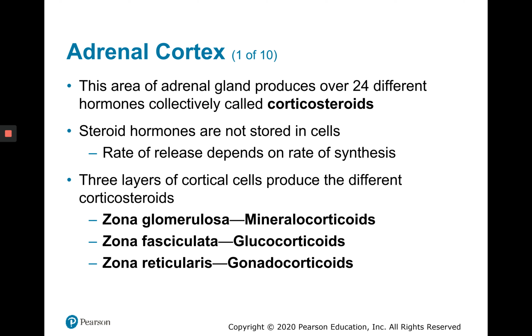This area is going to produce mineralocorticoids, whereas zona fasciculata is going to produce glucocorticoids. And then zona reticularis is going to produce gonadocorticoids. So we're going to look at examples of a mineralocorticoid, a glucocorticoid, and gonadocorticoid for these 3 layers of cortical cells.